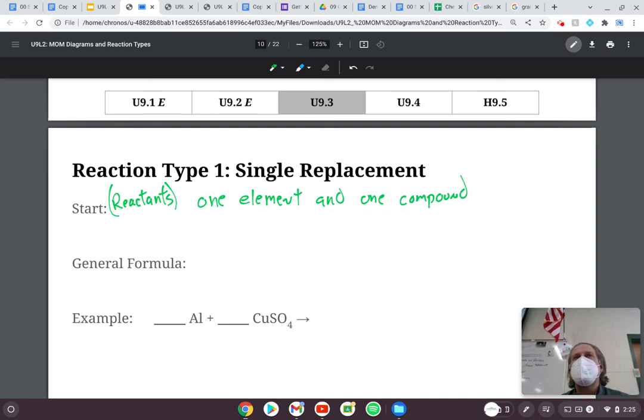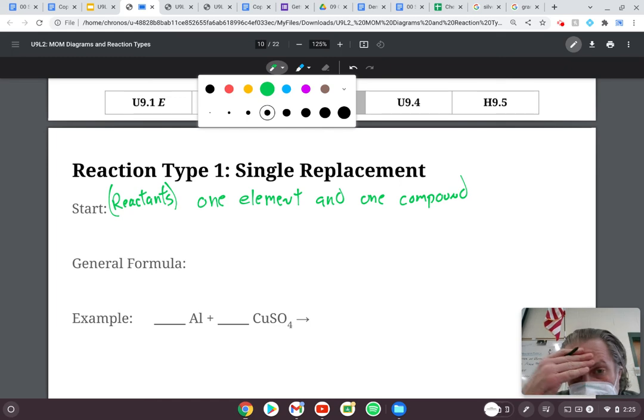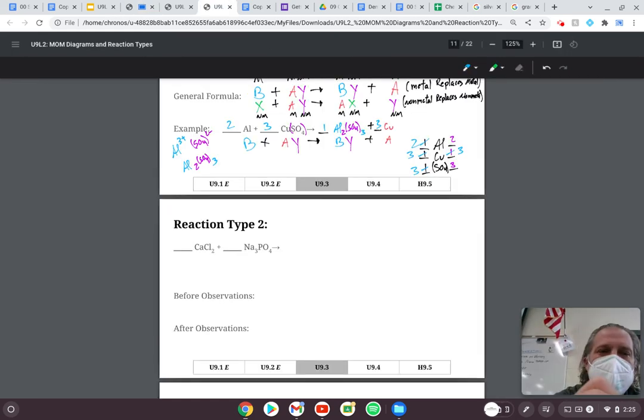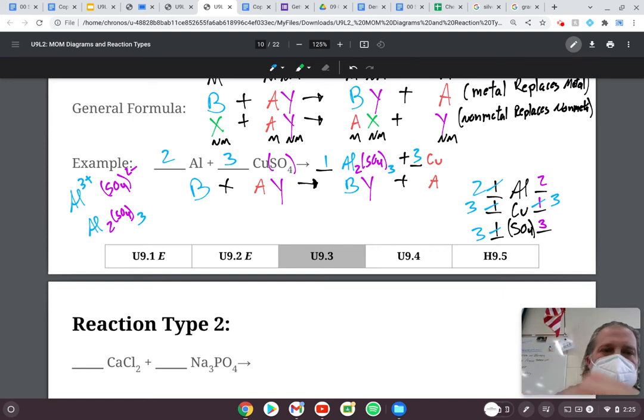All single replacement reactions start with one element and one compound. Now, the general formula is not trickier. It's just a way to represent it. So I use letters, and the letters that I'm going to use are going to be like so.